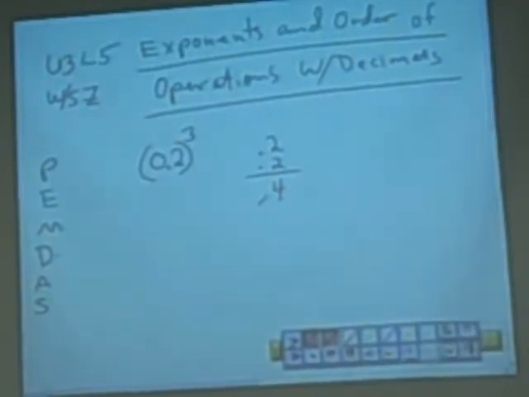How many places? 2. So that's actually 0.04, right? Not 0.4. So now we've got to multiply 0.2 again, right? And so now we're moving that decimal point how many places? 3, right? So that's going to be 0.008, because that's 1, 2, 3 places.